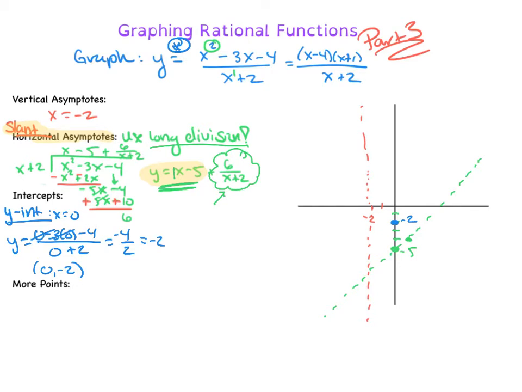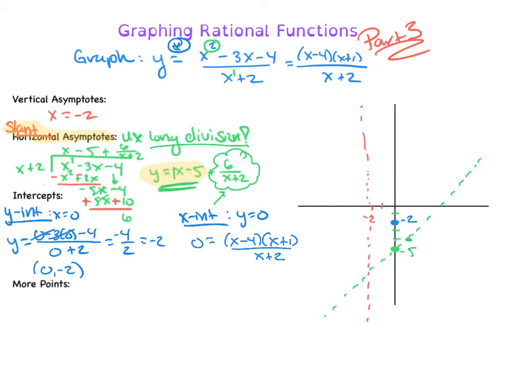Okay, finding the x-intercepts. To find the x-intercepts, we're going to set y to 0. So we have 0 equals x minus 4, x plus 1 over x plus 2, just choosing to do the factored version of our function.